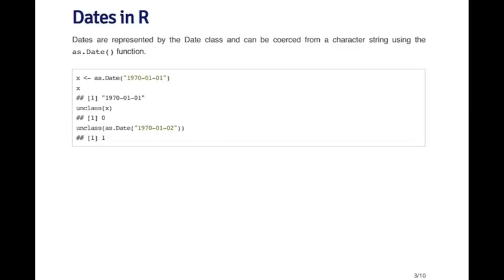If I input January 2nd, 1970, then you'll see that underlying it is represented as the number 1 because that's 1 day after 1970 January 1st. If you had a date that was before 1970, then it would be represented as a negative number. But that's just for a little background. You don't have to worry about the underlying representation. Ultimately, what you need to know is that dates are stored as objects of the Date class.